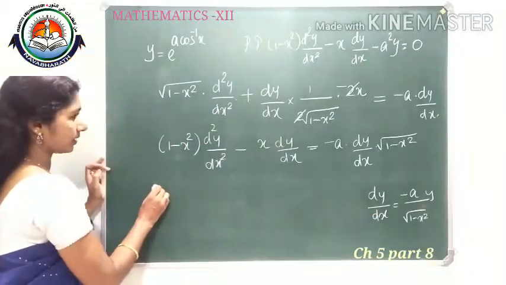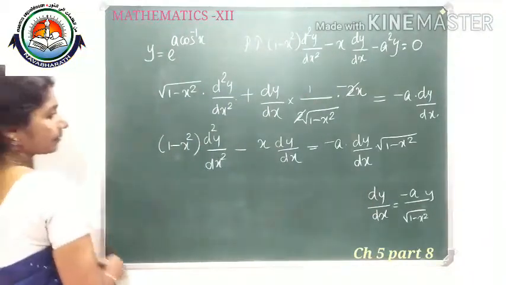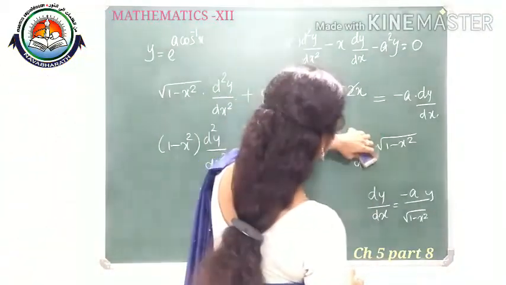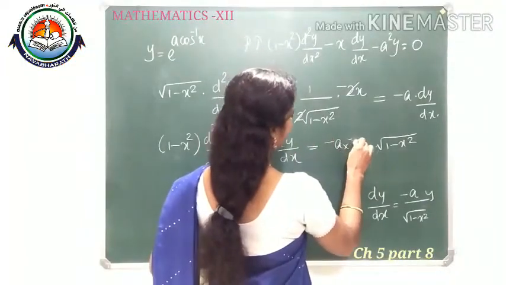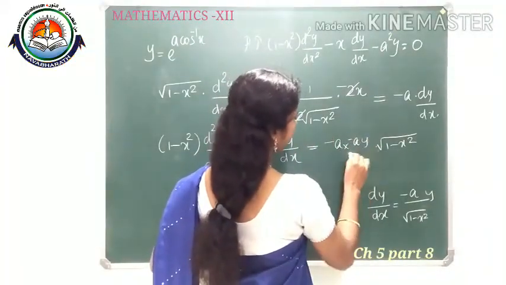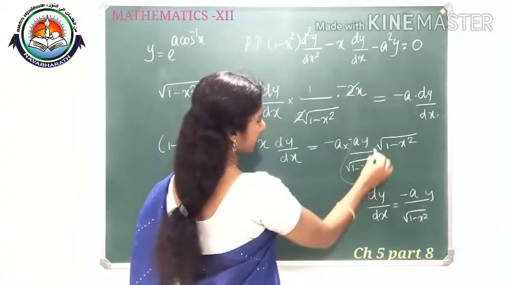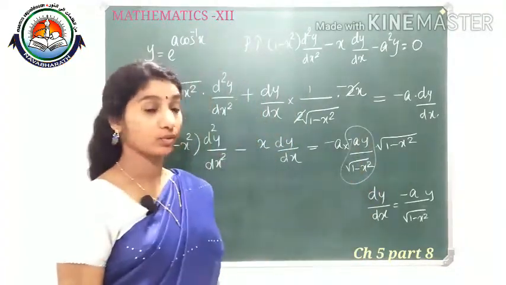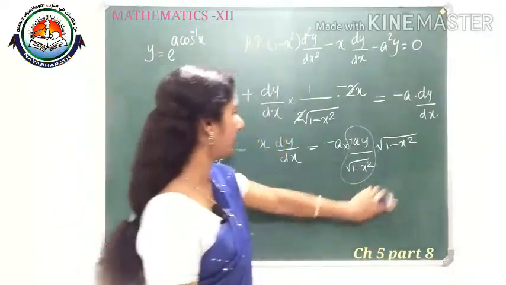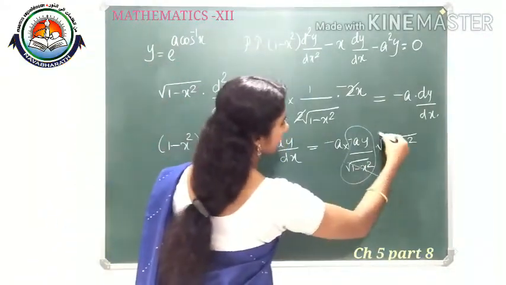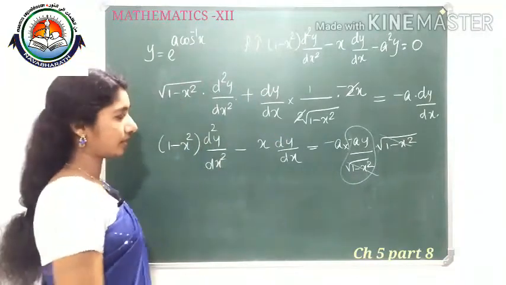So our result will come, just replacing here itself, dy by dx I am writing as minus a y by root of 1 minus x square. So dy by dx is replaced with minus a y by root of 1 minus x square. Okay. Then root of 1 minus x square cancelled from numerator and denominator.